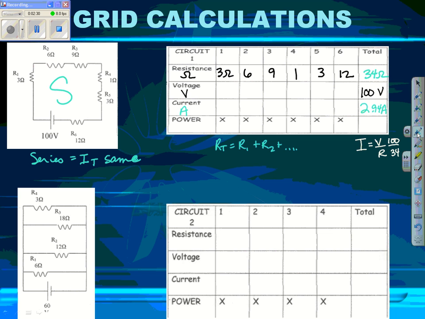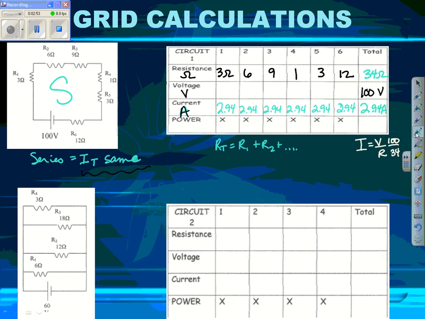Now, the thing to realize is that for current, remember we said it was the same everywhere. If that's true, then that also makes this 2.94 and this 2.94, 2.94, 2.94, 2.94, and 2.94.